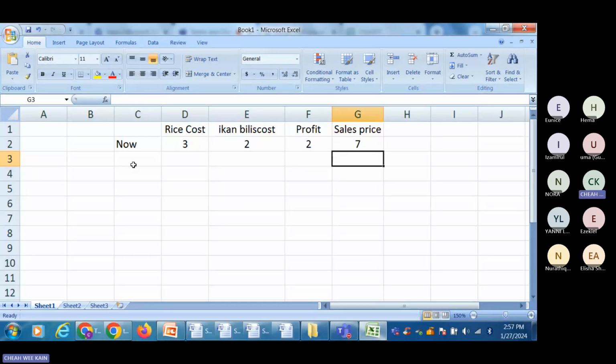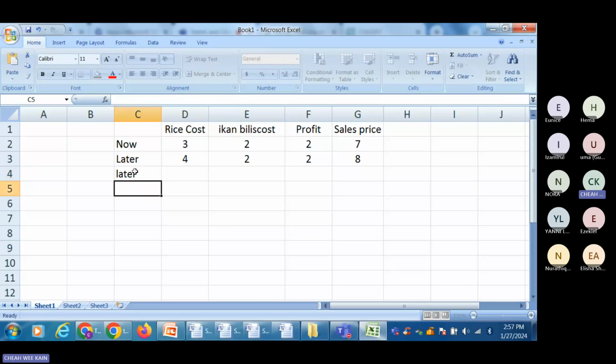Now, a lot of people having a lot of money, so the cost will go up. The cost will go up to 4. So ikan bilis maybe is 2. You still want to maintain maybe RM3 or maybe you want to make maybe RM2. So now your price is 8. So whenever there is a price increase in your nasi lemak, you will increase your price.